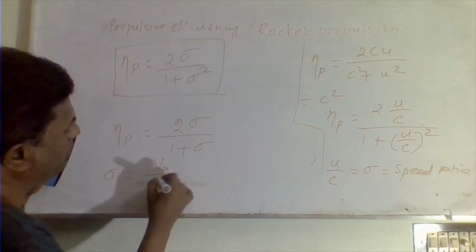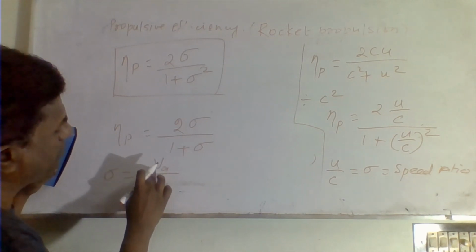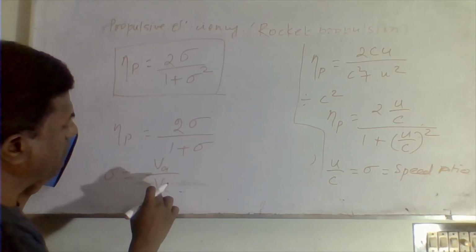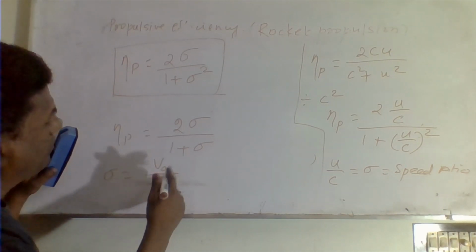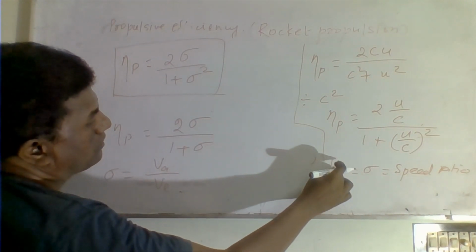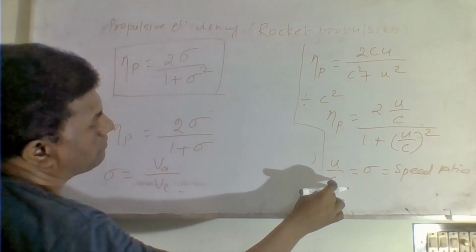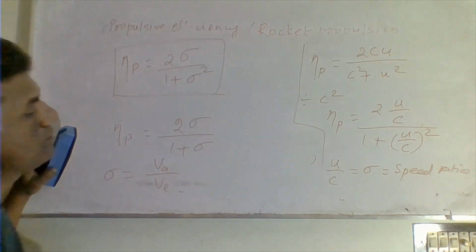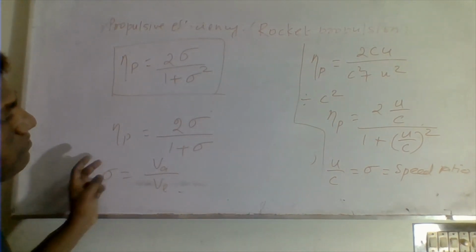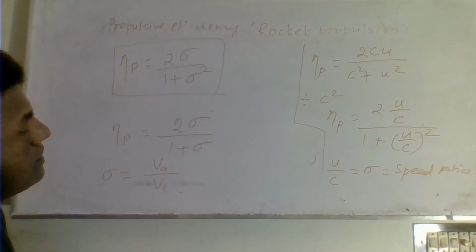In the case of jet propulsion, the speed ratio is VA divided by VE, that means aircraft velocity divided by the exit velocity of the jet, or jet velocity. Whereas here it is the flight velocity divided by the effective exhaust velocity. That is how we define both propulsion efficiencies.